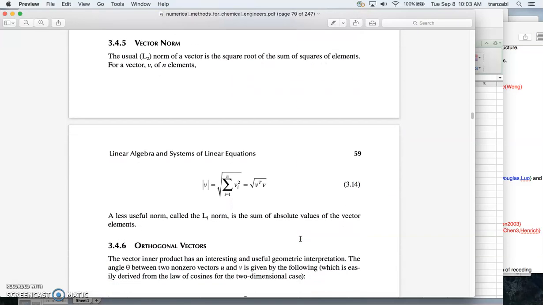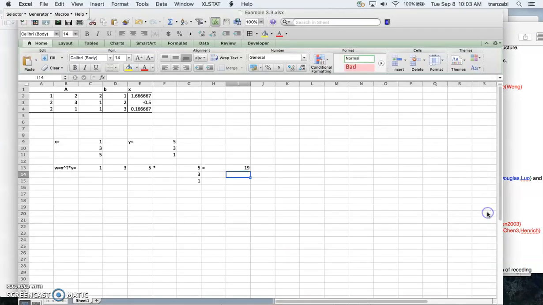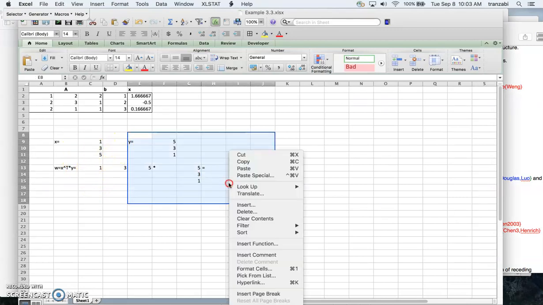Okay. Vector norm. The norm is a metric indicating the size, or magnitude, of a vector. By the norm of a vector, we mean we transpose the vector and then multiply by itself. You get the result, then you get the square root of it. So let's go back to our example. Let's say I have x and I want to get the norm of x.